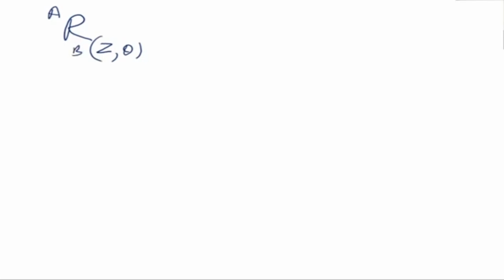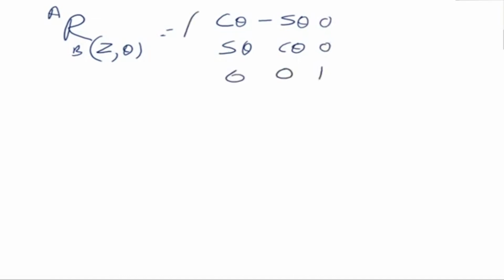So A to B, rotation is about the z axis by an angle theta, and this is given by, writing in short, cos, minus sine, sine, cos. We can say cos theta, minus sine theta, sine theta, cos theta, 0, 0, 1. Now something to note here is that each of these columns are unit vectors.